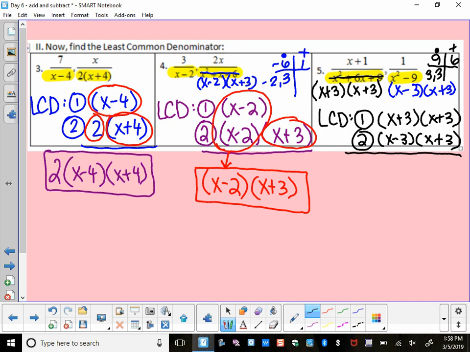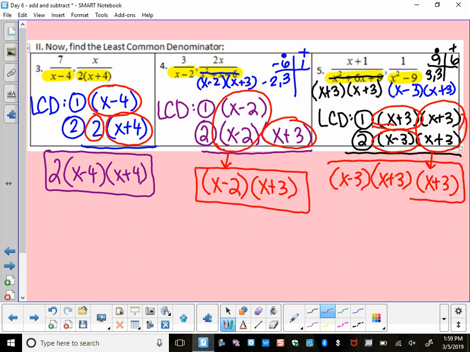That's one pair. Everything that stands alone will come out by itself. That's x plus 3, as well as this guy, x minus 3. You can only bring out pairs together.